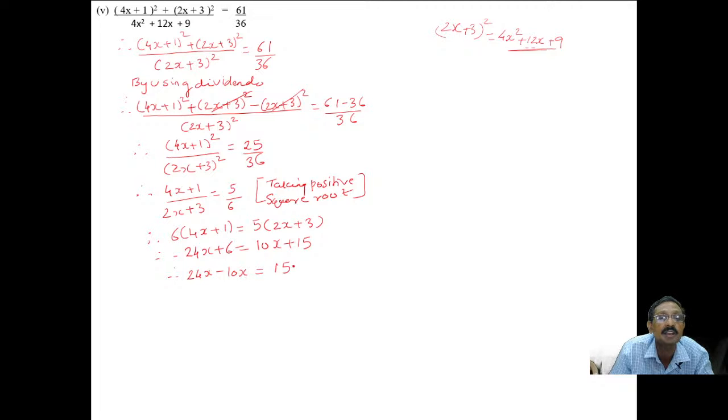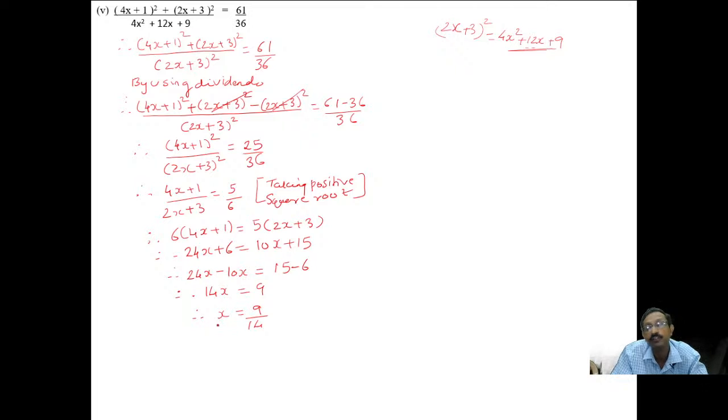I bring this 6 here, minus 6. Therefore, 24 minus 10, how much will I get? I'll get 14x is equal to 9. Therefore, x is equal to, bring this 14 down, 9 upon 14.